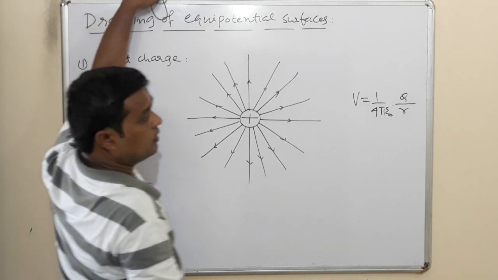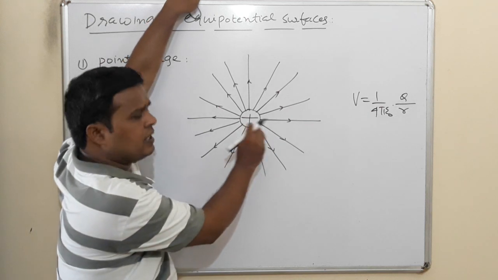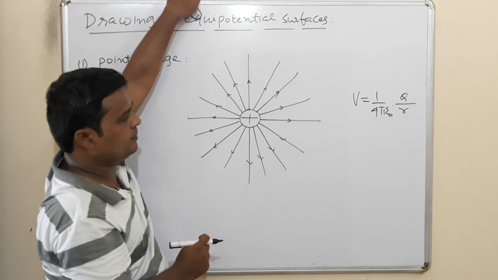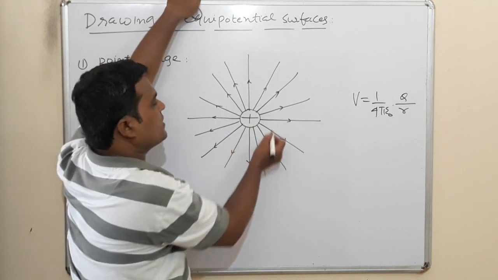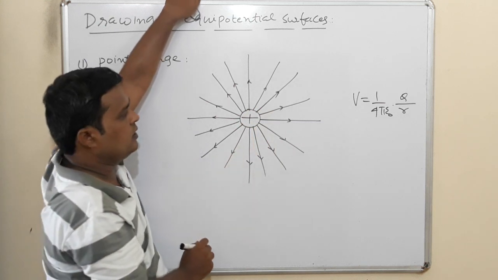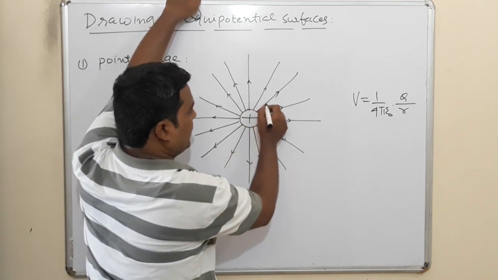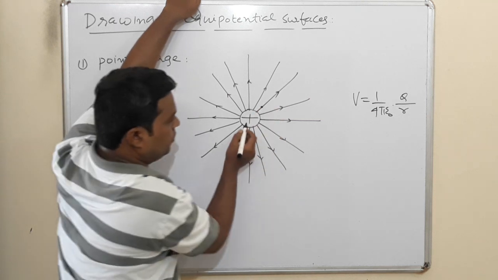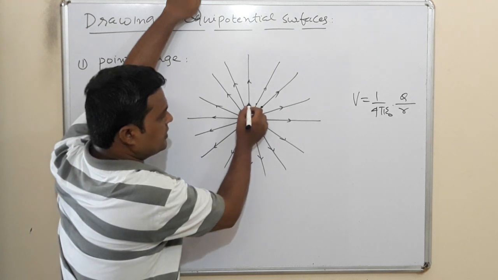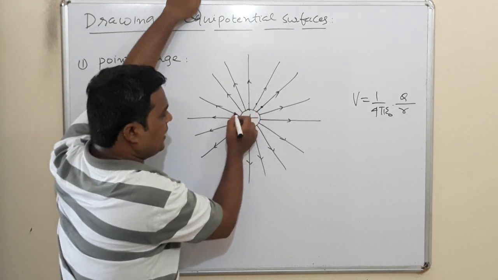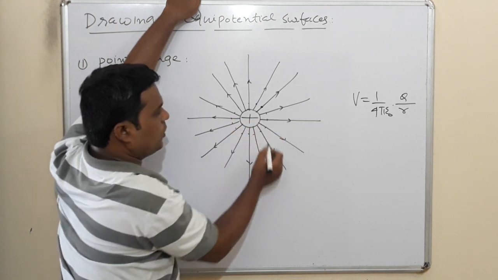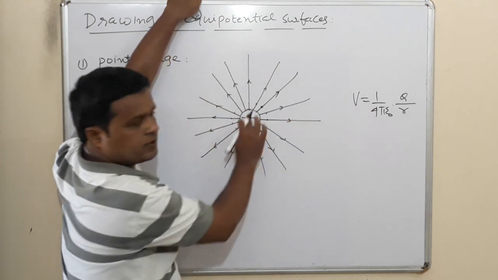See, I have fixed a charge Q. Around this charge I want to draw an equipotential surface. It means I want to draw a surface by selecting some points of equal potential. Suppose I select one point here which is at distance R, one point here which is at distance R. Q is fixed.